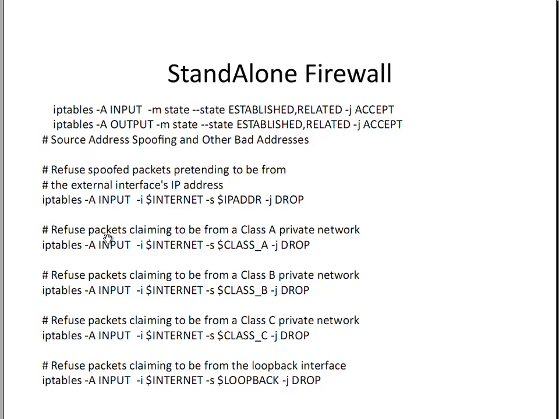And then you also want to refuse packets claiming to be from all the private network addresses, the class A, B, and C. So notice here we have our variables class A that was defined previously, class B, class C, and of course the loopback interface coming in over ETH0, because anything coming over the loopback interface should only be sending packets to other loopback addresses, not to our ETH0 or network interface card address.